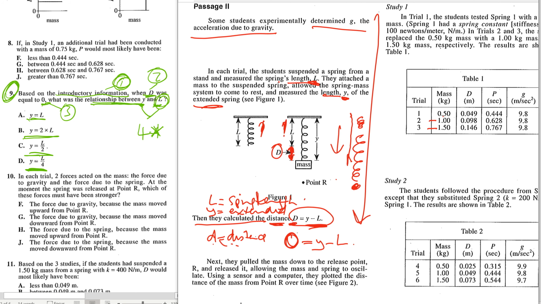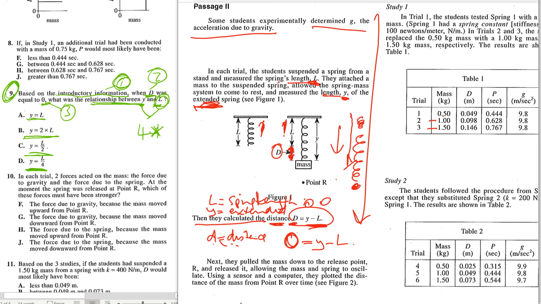So if y is the extended spring, there is no extended spring because the distance equals 0, right? So y is going to equal 0, and obviously everything's going to equal 0. Nothing's happening. The distance is 0.